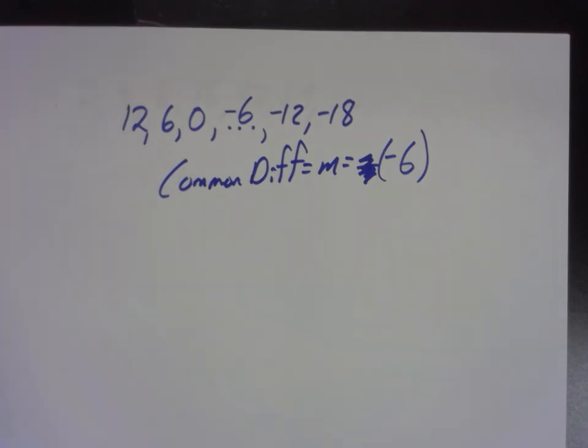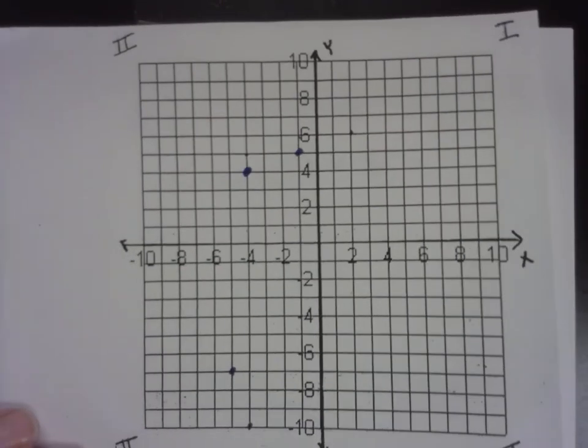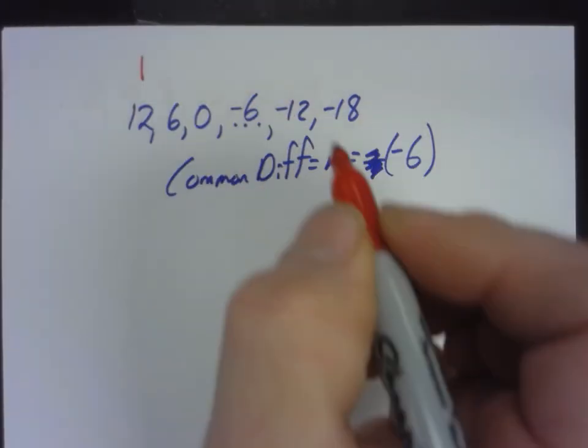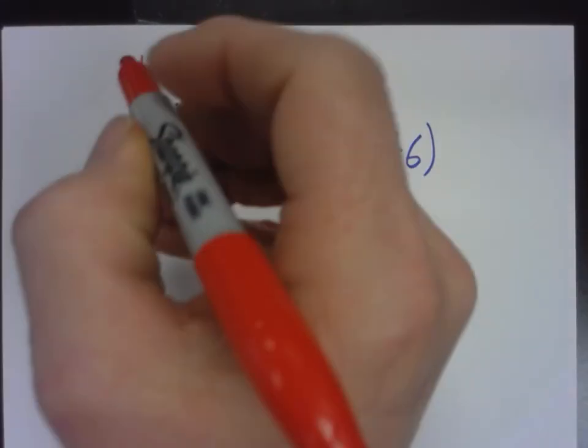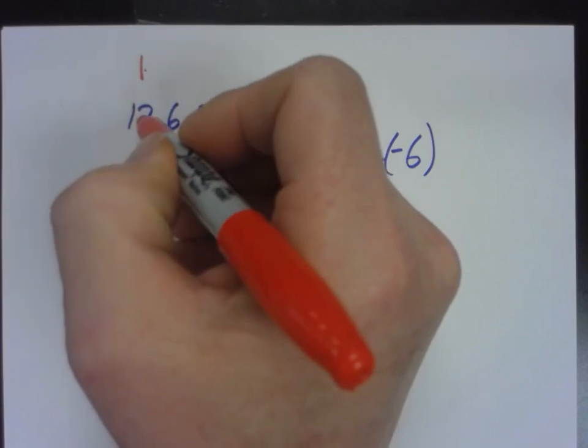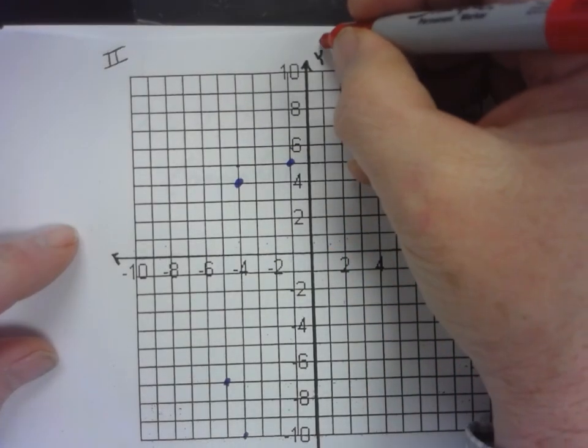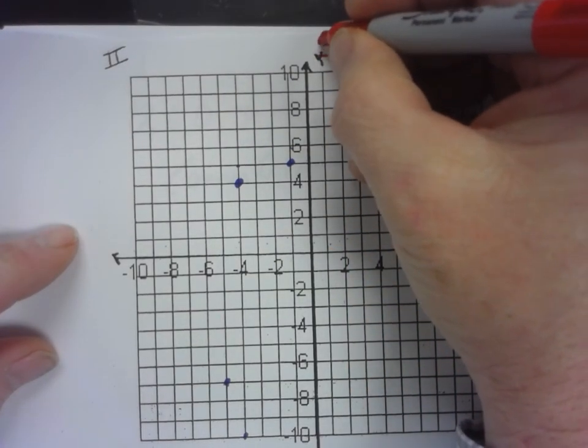Okay, I want to graph this thing. I want to put it on a coordinate plane like this. Well, I can't just graph a 12, can I? What's the other number that goes with this 12? 1. x is 1, so the first term is 12. So that means when x is 1, y is 12. Is that okay with you guys?